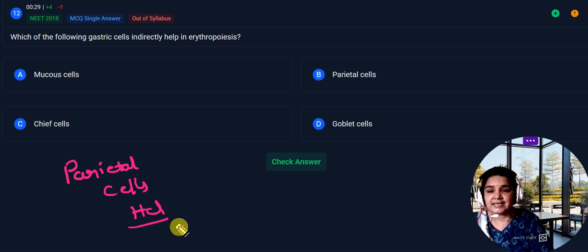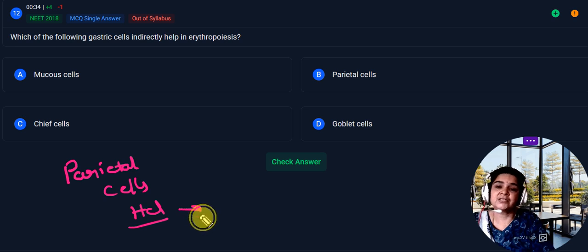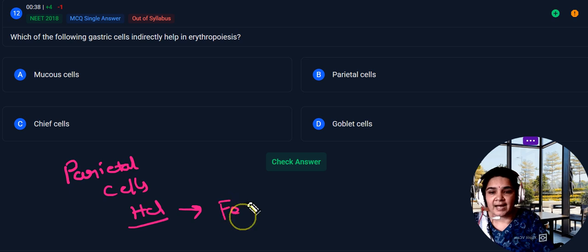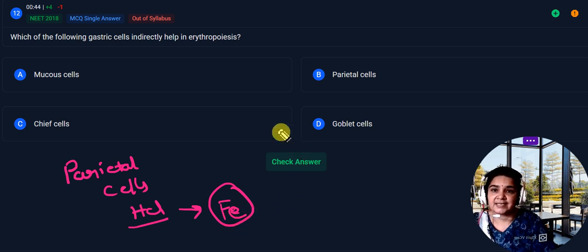This HCl is necessary for the conversion of pepsinogen into pepsin. In addition to that, it is also necessary for the conversion of ferric substances into ferrous, which is necessary for erythropoiesis, meaning formation of the blood cells. So indirectly, it is parietal cells.